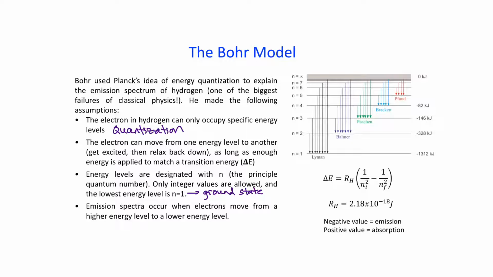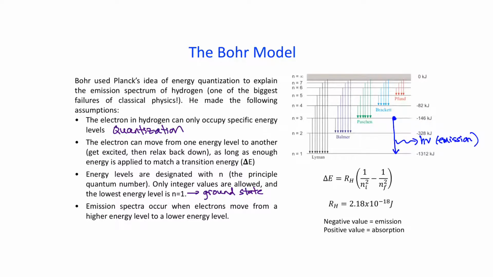So Bohr postulated that emission spectra will occur, those bright line spectra that we saw before. He said that those emission spectra will occur when electrons move from a higher energy level to a lower energy level. Okay, so we're going from a higher energy level down to a lower energy level, and that's our emission process that we talked about.